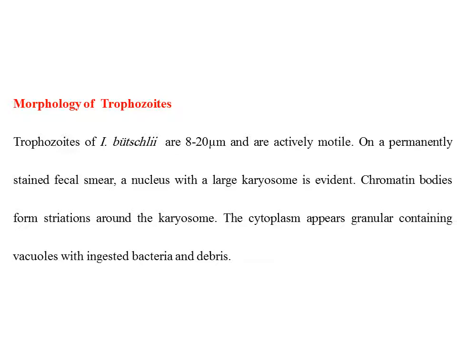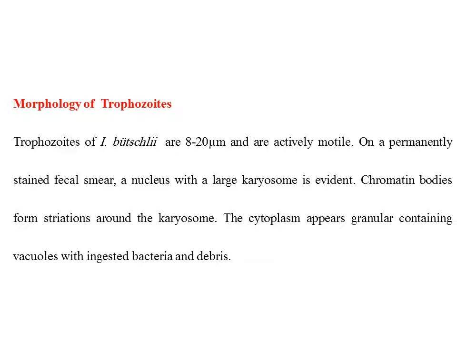A large karyosome is evident, and chromatin bodies form striations around the karyosome. This large karyosome is surrounded by chromatin bodies that form striations around it.